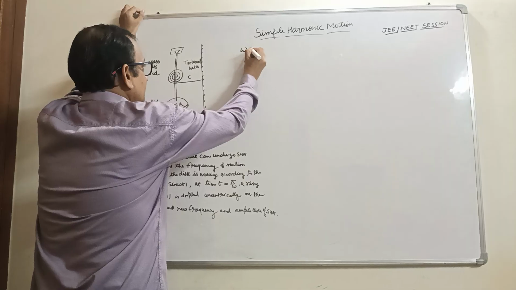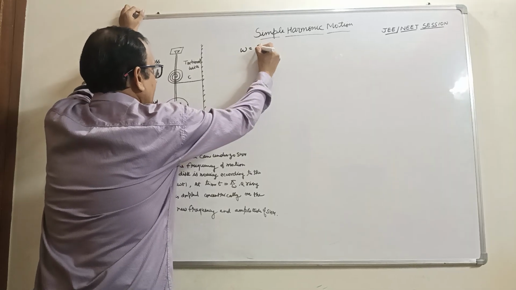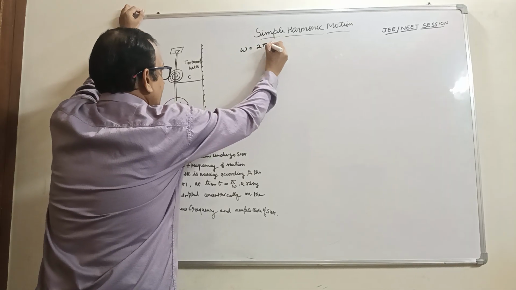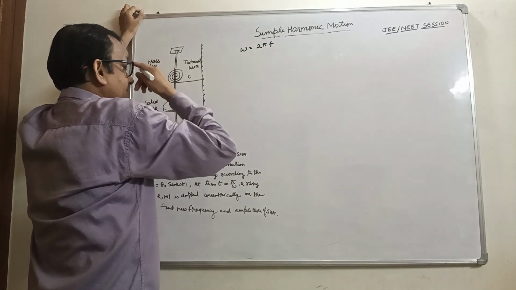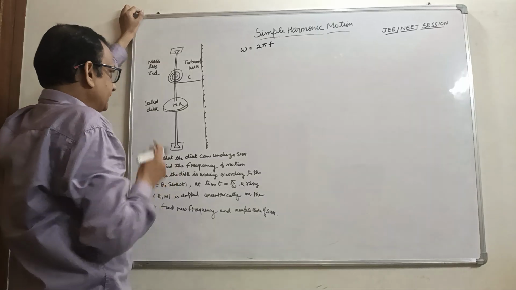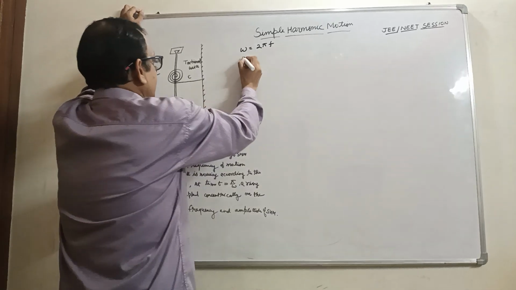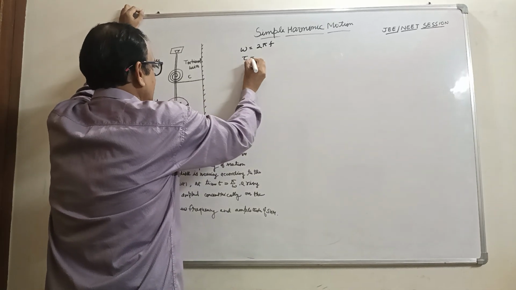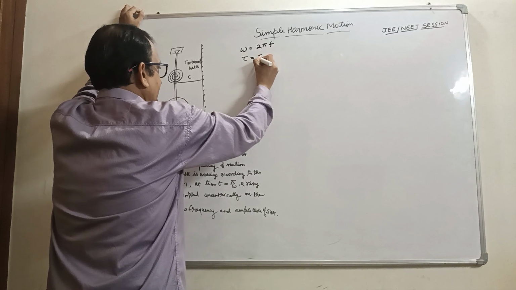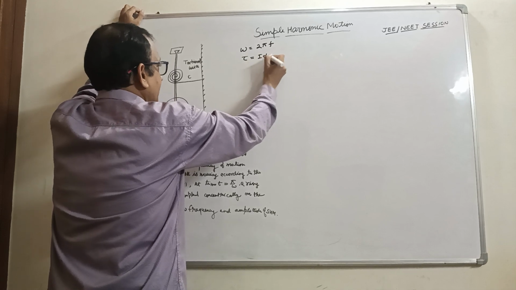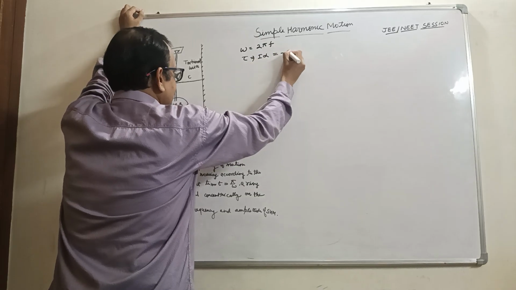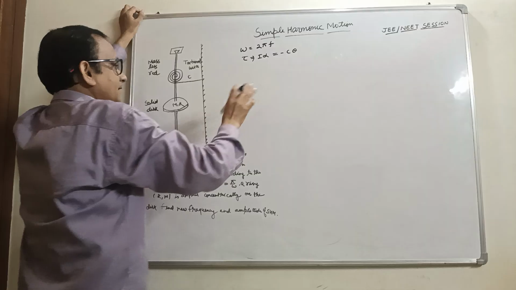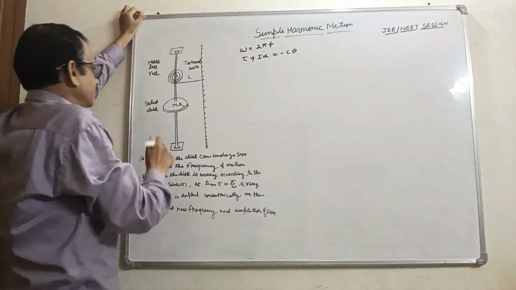We know omega is the angular frequency, which is 2 pi f, where f is the frequency of the SHM. The torsional torque would be I alpha, which equals minus c theta, where theta is the torsional angle.